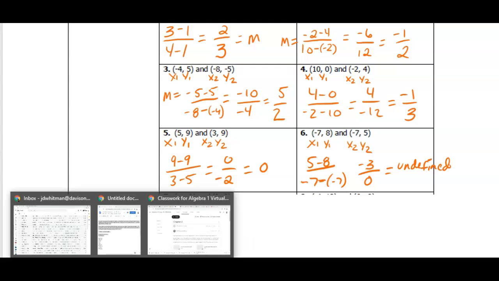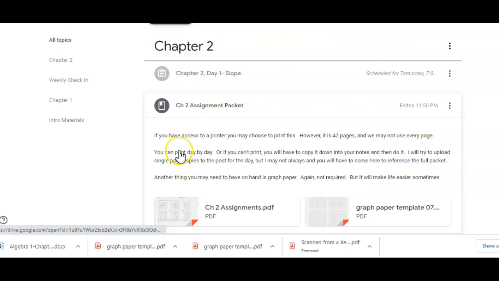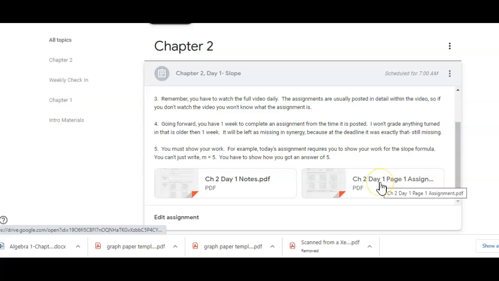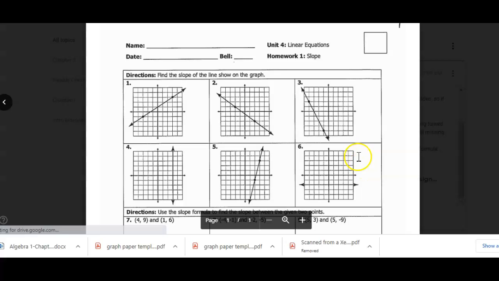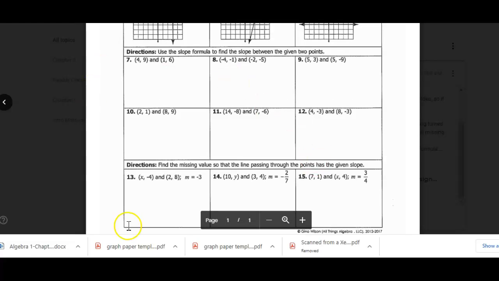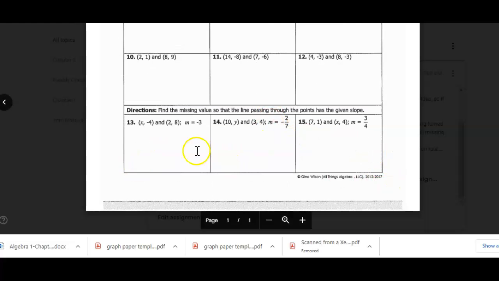Okay, in your classwork today, I have your assignment posted. And you will do 1 through 12, so you don't need to do 13, 14, and 15 yet.